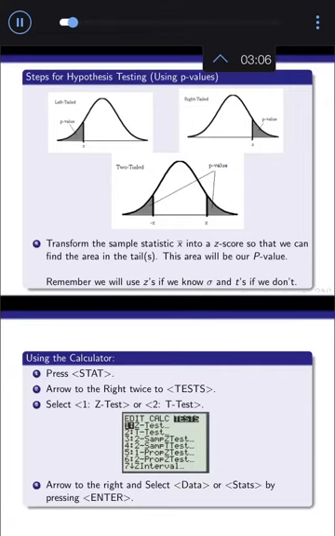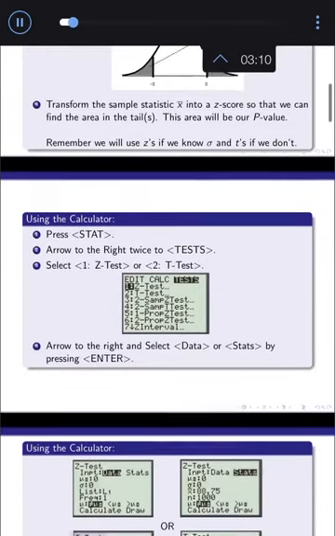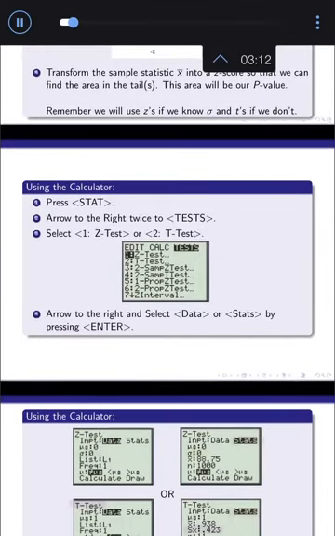Just like in chapter 7, how we knew whether we were going to do confidence intervals using z's or t's was based on whether or not we had the population standard deviation sigma. It will be the same here. If we don't have sigma, we're going to have to use t's. If we do have sigma, then we can use z's.